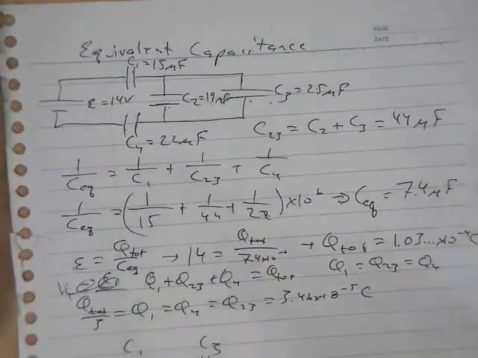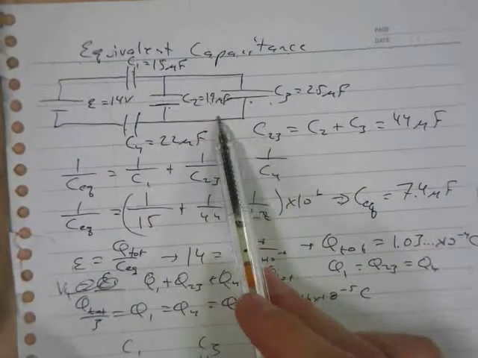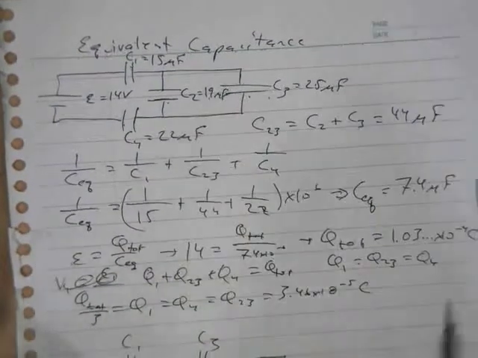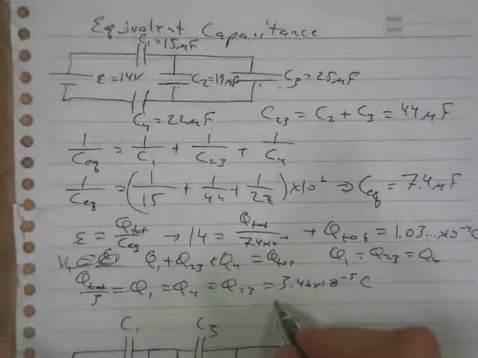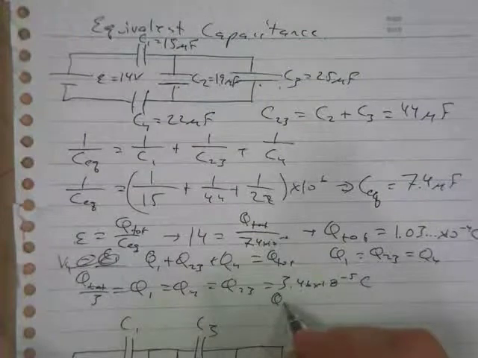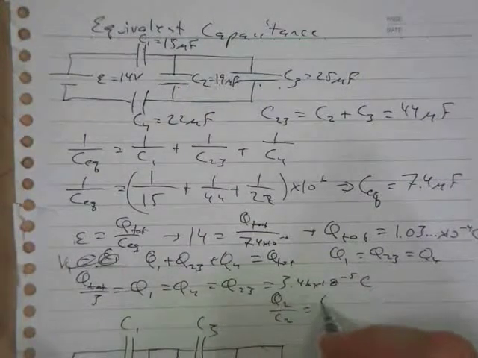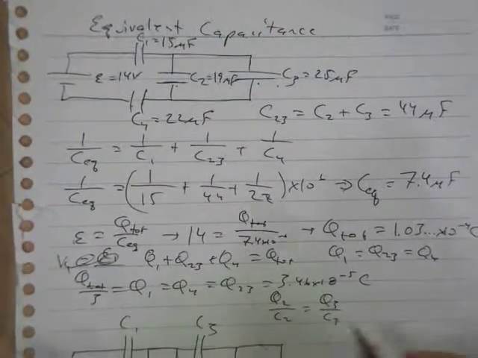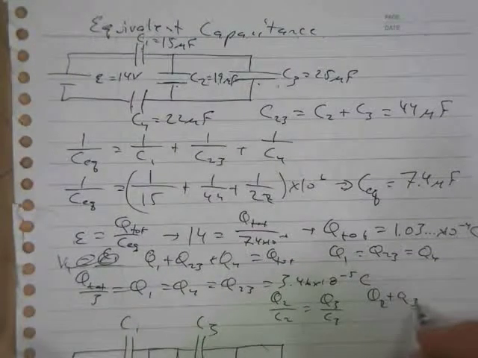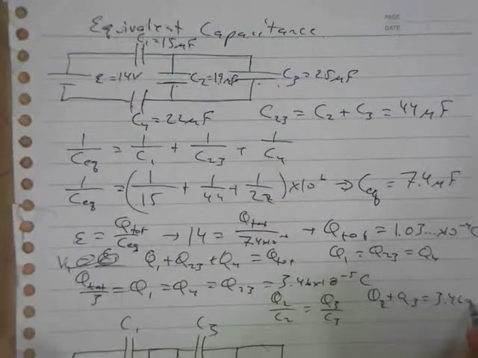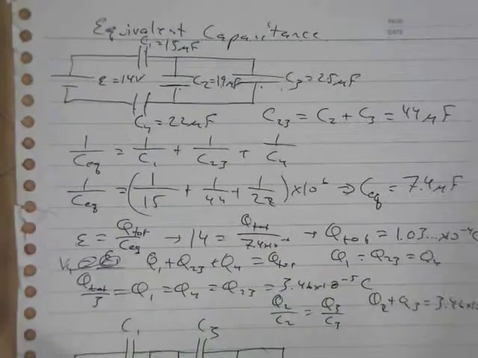All right, so that's the charge on each, and then we could figure out the charge on each of C2 and C3 because we know the voltage across them is the same, which means that Q2 over C2 has to equal Q3 over C3, and we know that Q2 plus Q3 has to be that 3.46 times 10 to the minus 5th.